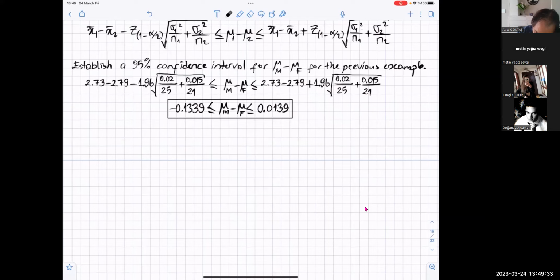Okay, now I will give you the interpretation of this confidence interval and tell you what you can do with it.